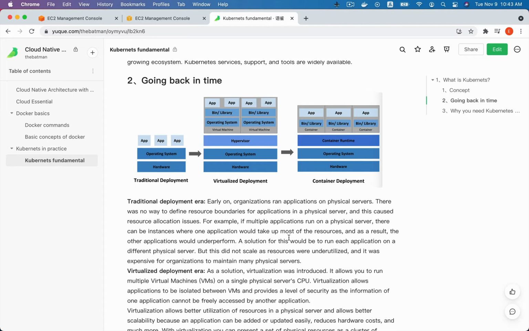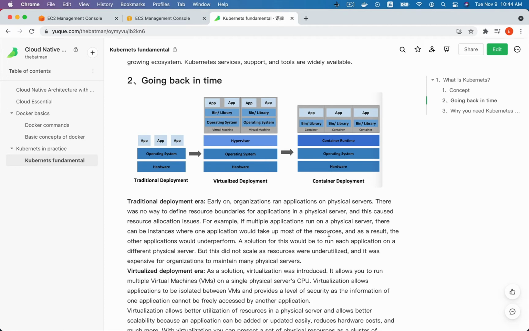We run all the applications together on one piece of hardware in the server. We install the operating system on the hardware, and we install all the applications together on one machine.